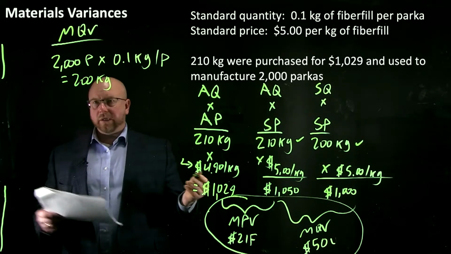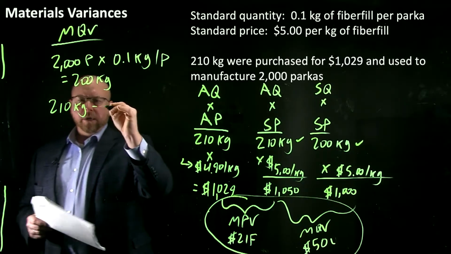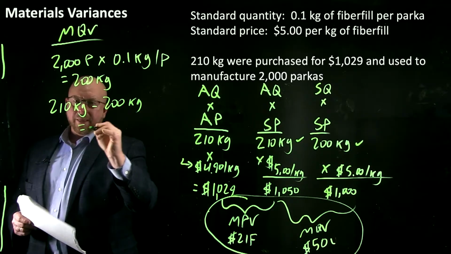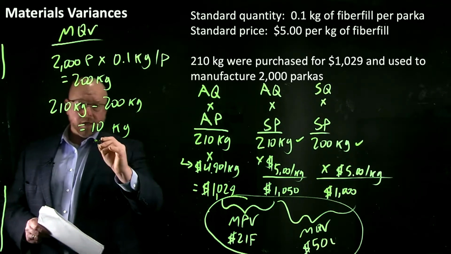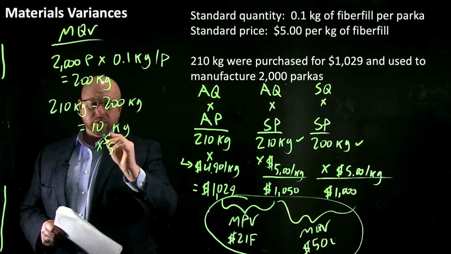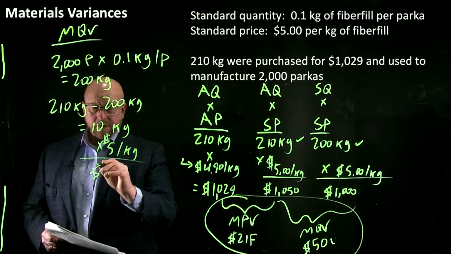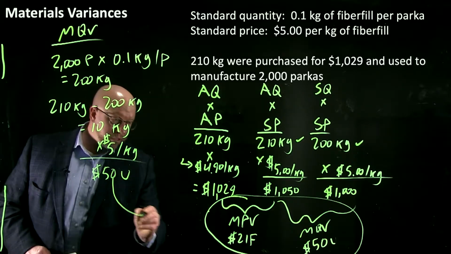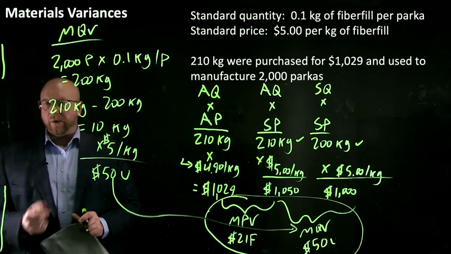Well, I look at it this way. 210 kilograms actual minus the standard of 200 kilograms. That means we used an extra 10 kilograms. And at a rate of $5 per kilogram, that extra 10 kilograms ends up costing us $50. Which nicely reconciles to this unfavorable variance, so we calculated that way as well.